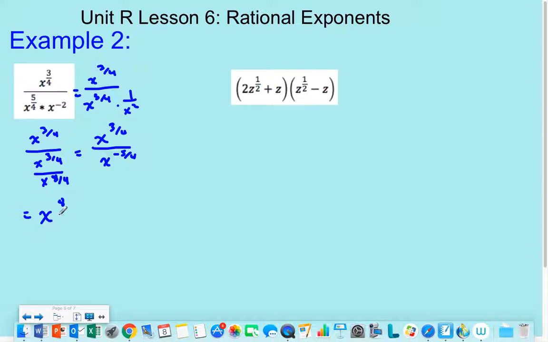So I got 8 over 4, and then put that together and I have x to the 2nd. So the whole thing winds up being x to the 2nd.